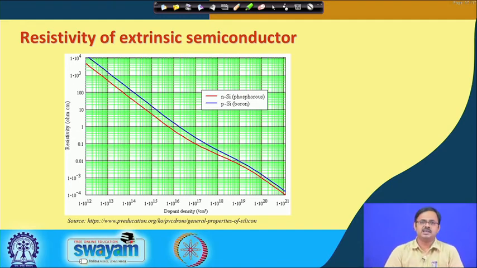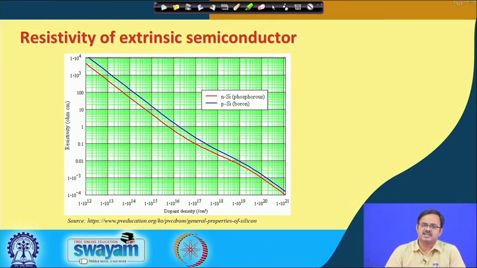As you can see, the resistivity of the phosphorus doped semiconductor, the n-type semiconductor, is lower compared to that of the p-type semiconductor, which has been doped by boron. And why is this?